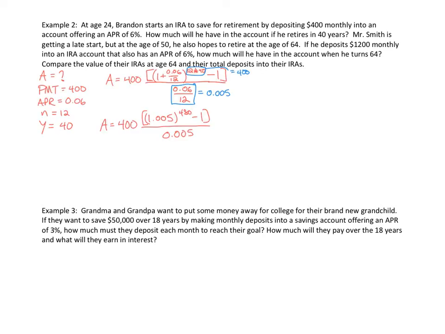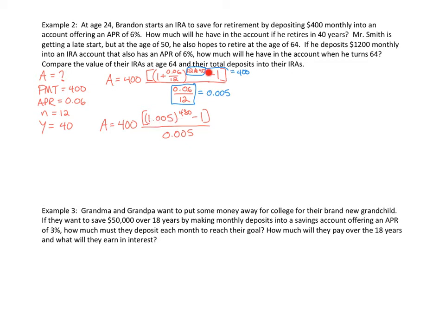So here we have a setup. We have A equals the payment, times the quantity 1 plus the APR over 12, that's monthly, raised to the 12 times 40 power, minus 1, all over this fraction. This fraction is 0.005.